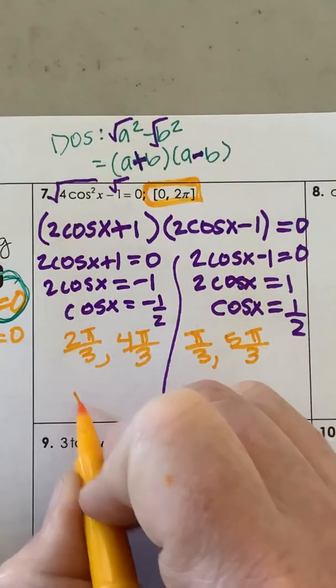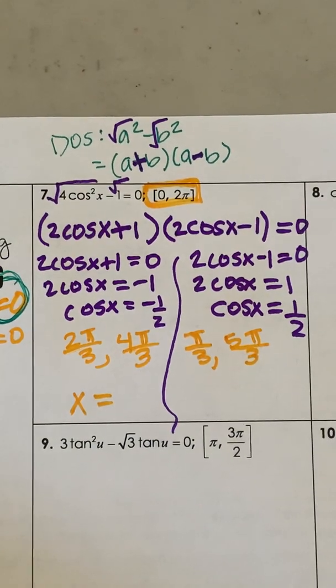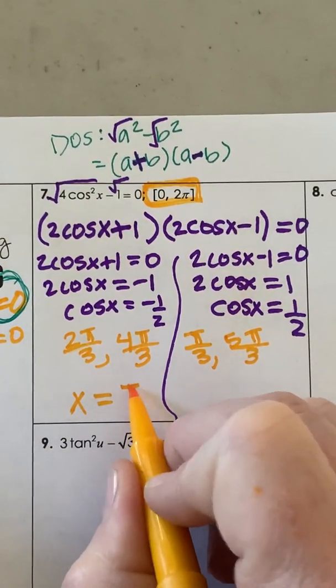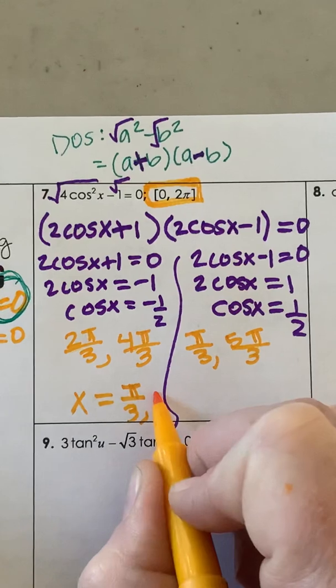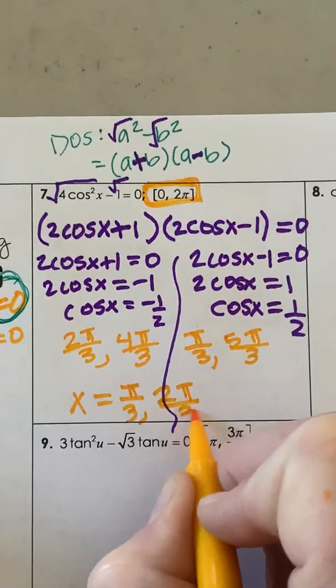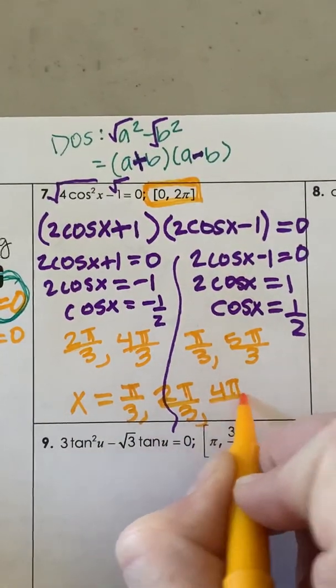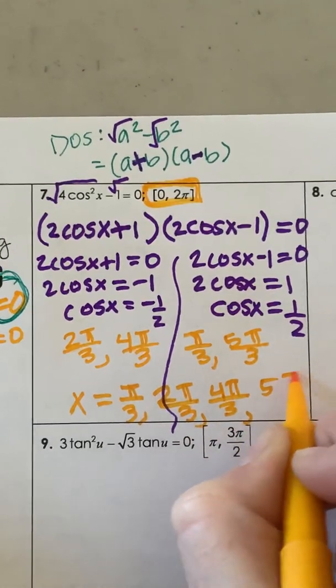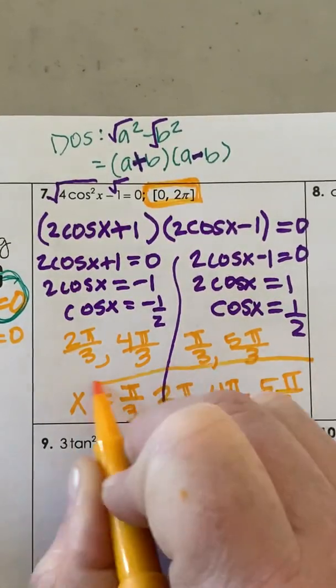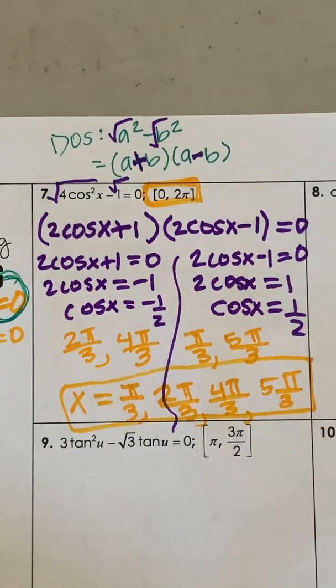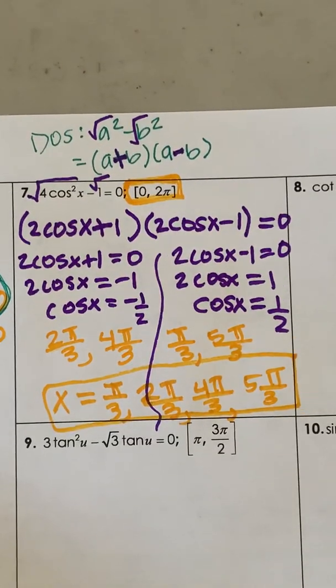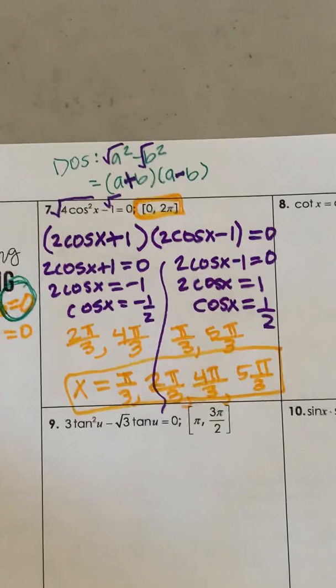So if we're listing them, we can put them in order: pi over 3, 2 pi over 3, 4 pi over 3, 5 pi over 3. You can just list them in any order, it doesn't matter. But those are the 4 answers from 0 to 2 pi.